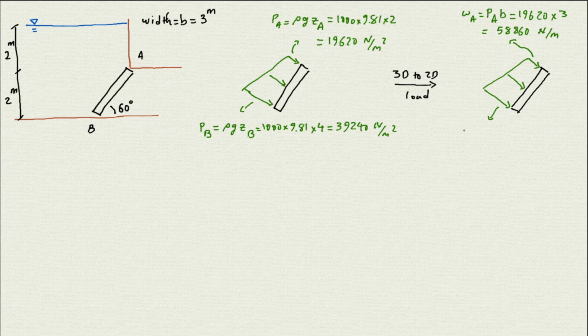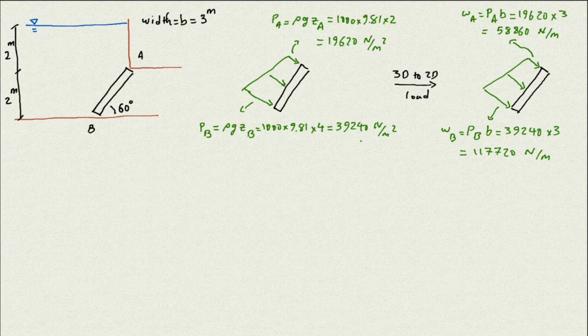And here the same, the W at point B is going to be pressure at point B times the width of the gate, which is going to be that magnitude. The pressure is going to be 39240 times 3, the width of the gate, which eventually comes out as 7720 Newton per meter.